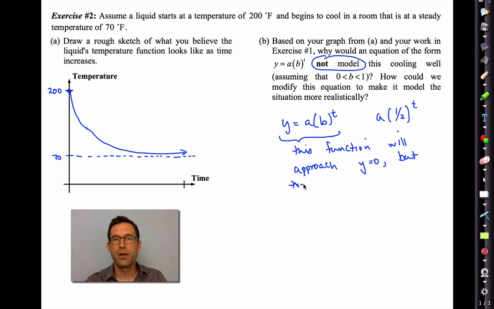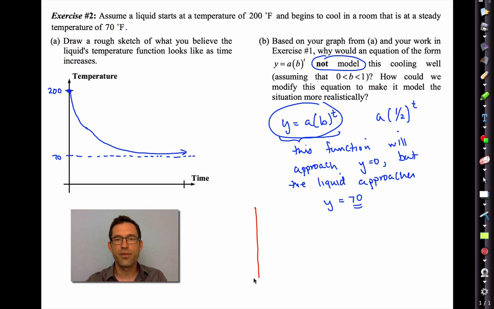But the liquid approaches y equals 70. So what we're going to do, right, so in other words, anything that looks like this, let me draw it in a different color, is going to end up having a graph that kind of looks like this.